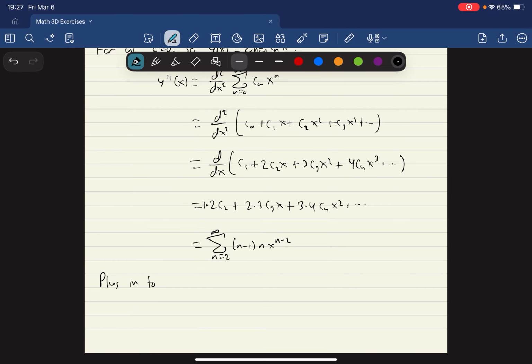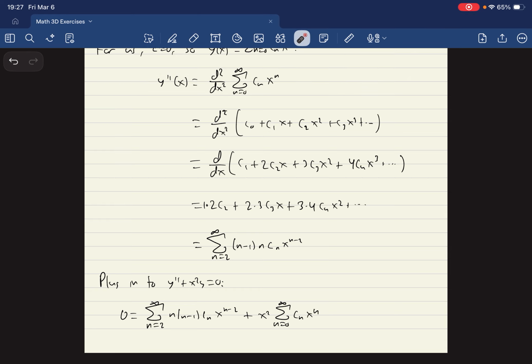So now we're going to plug this into our ODE. When we do this, 0 is going to be the sum from n = 2 to infinity of n(n - 1) c_n x^(n-2). I forgot the coefficients here. And then we're going to do x squared, and plug in our series for y, so this will be c_n x^n.